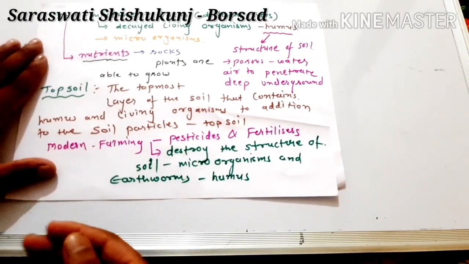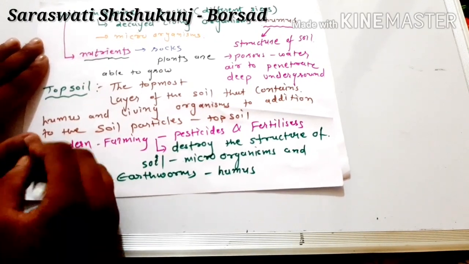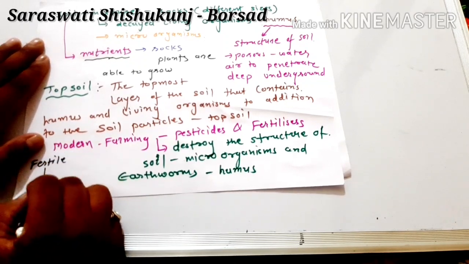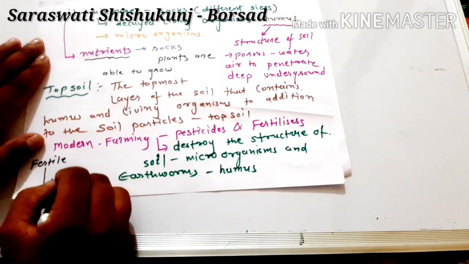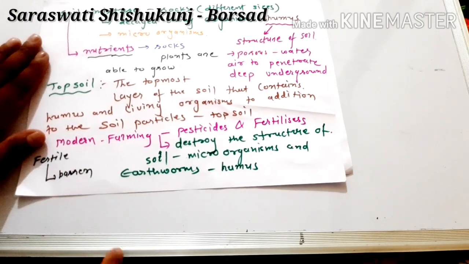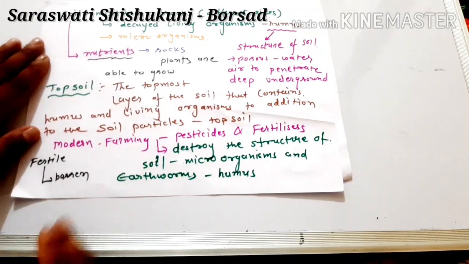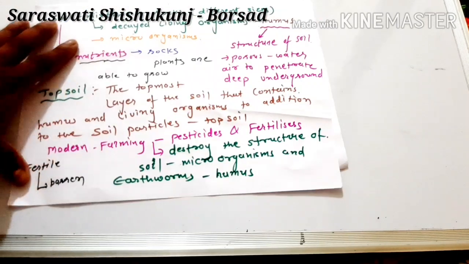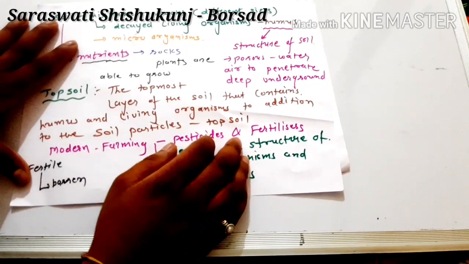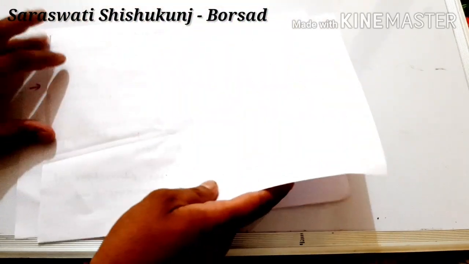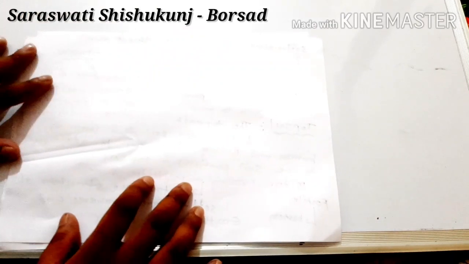If it happens continuously, our fertile soil will become barren soil. The fertility of the soil will get destroyed if we are using more and more fertilizers and pesticides. So this way we are polluting our soil.